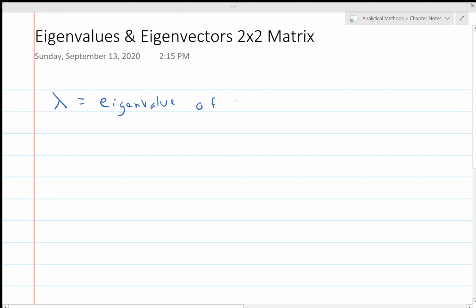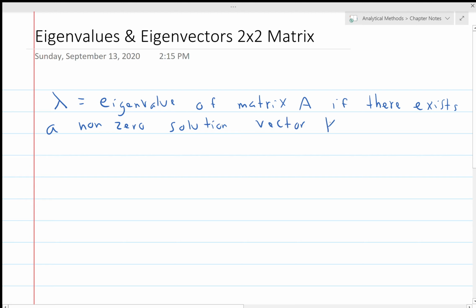So we have an eigenvalue of matrix A if there exists a non-zero solution vector K of the linear system.